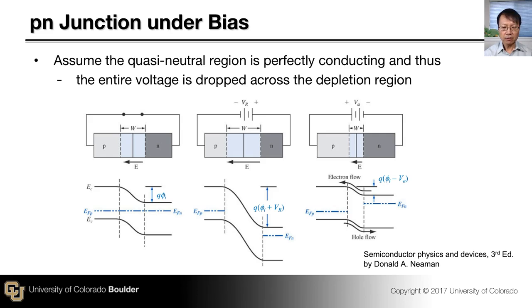But if you look at the direction of this electric field, the electric field tries to drive holes from n-type side to the p-type side. But there are no holes, or there are very few holes on the n side.